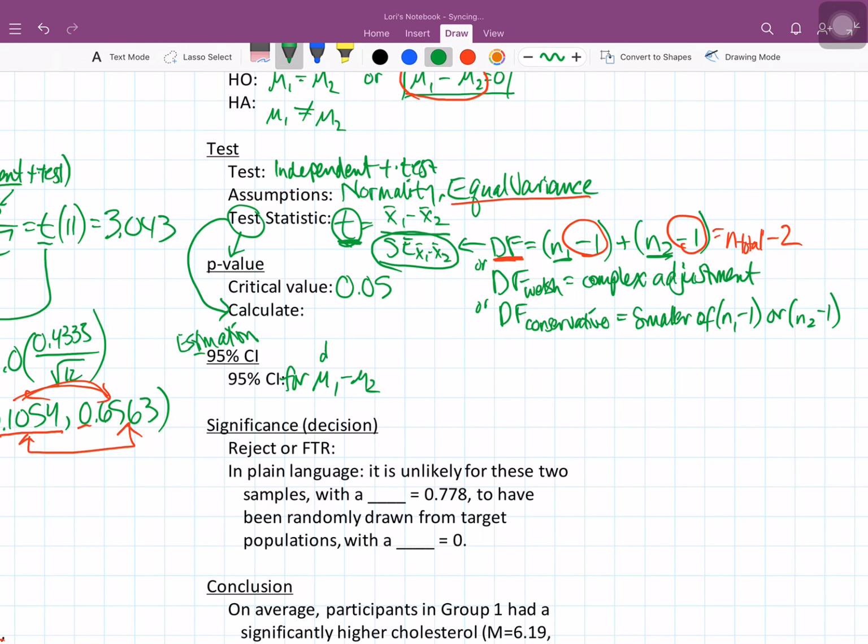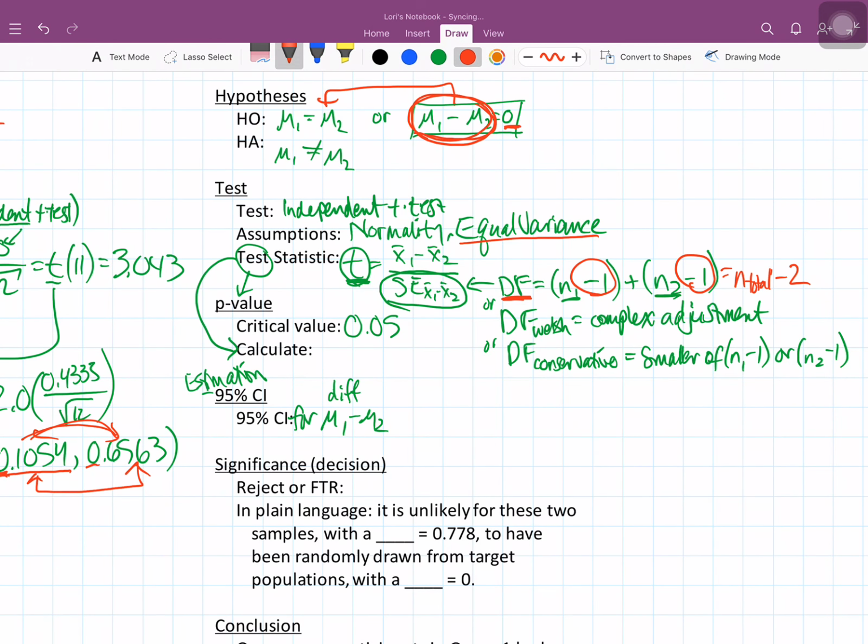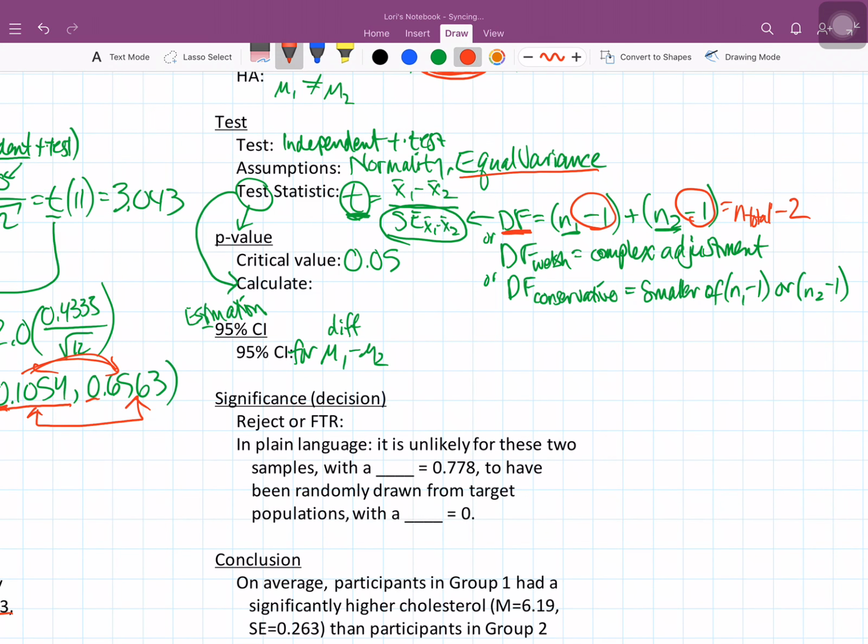And this goes back to the idea we saw, that mu1 minus mu2 is equal to 0. We're testing that particular mathematical version of our null hypothesis.